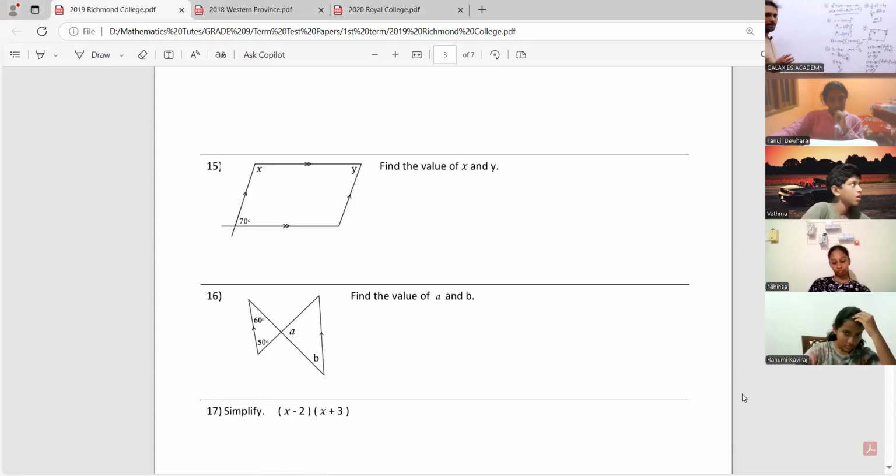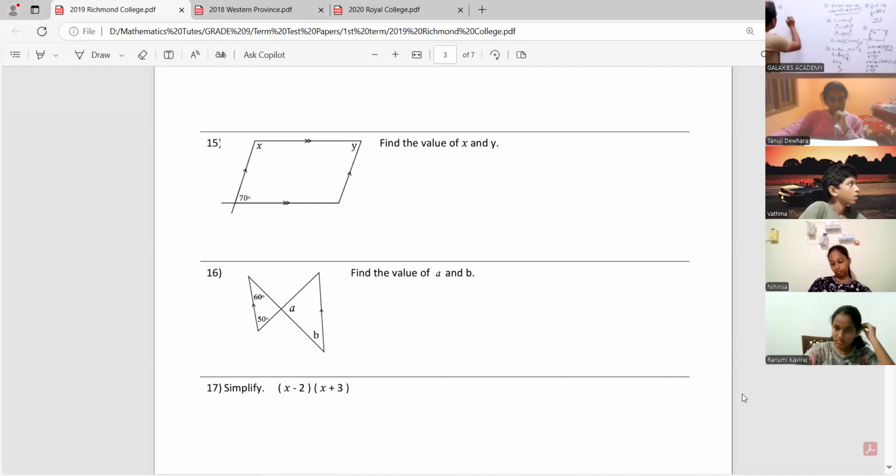You have to find A and B. These two lines are parallel and this angle is 60, this one 50, and this angle is given as A and this one is given as B.